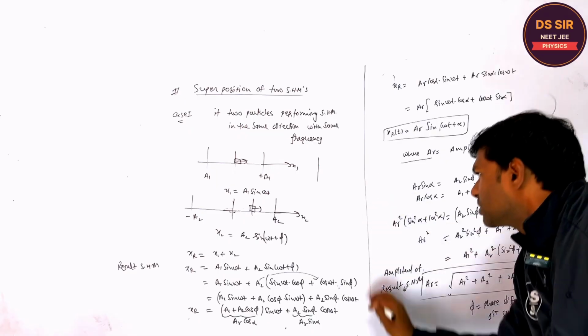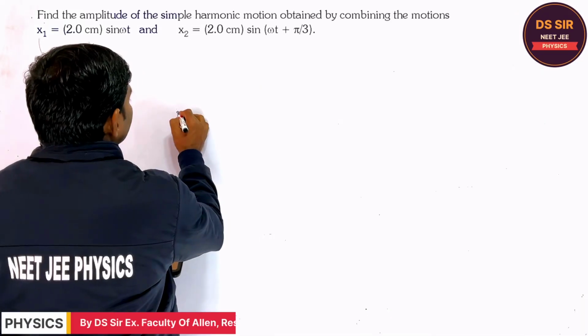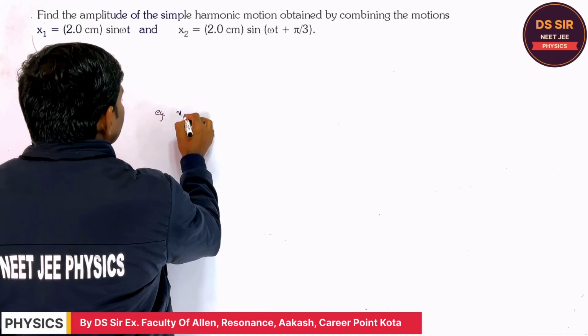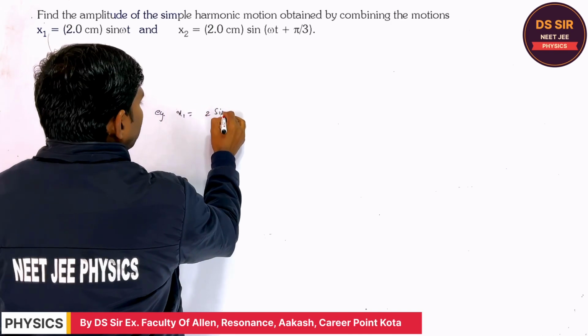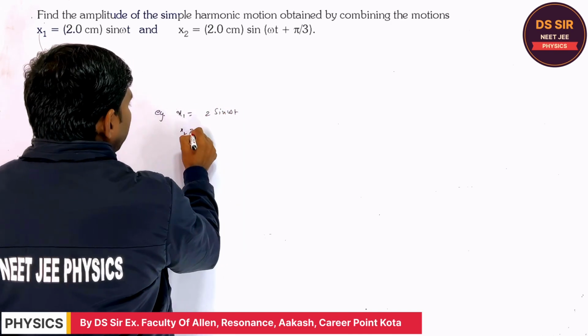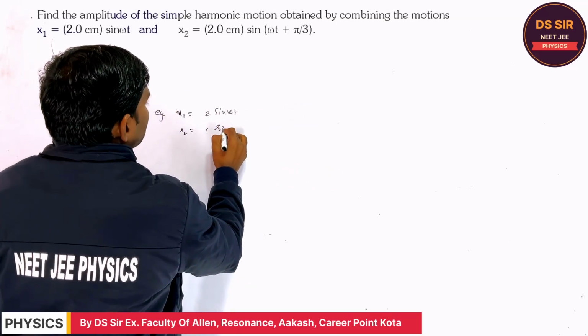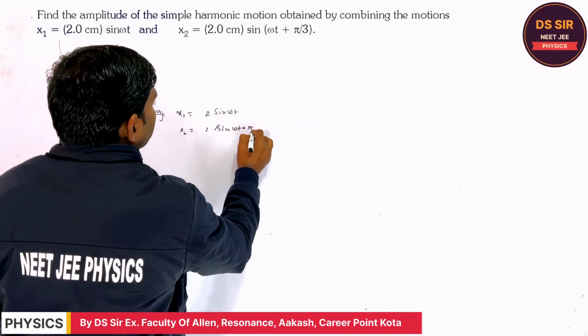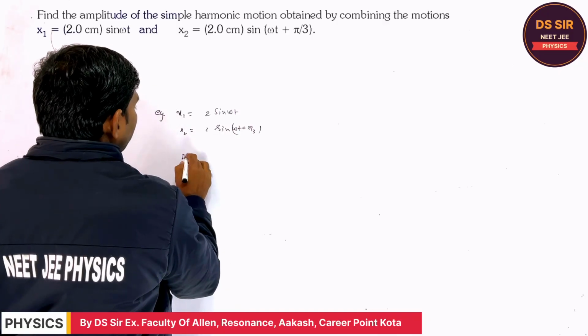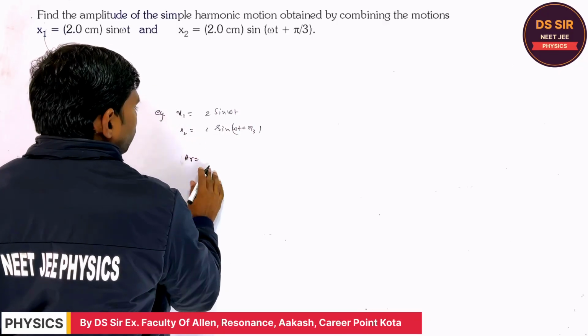Copy this. So read this question. In this question, x1 and x2 are given, motions in the x direction: x1 is 2 sin omega t and x2 is 2 sin omega t plus pi by 3. You have to find the resultant amplitude.